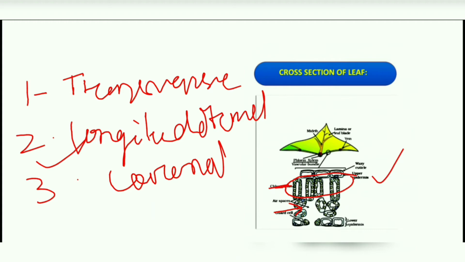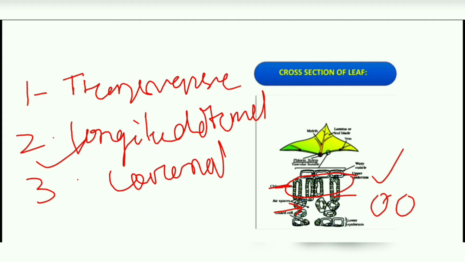Here we will be able to see small green round structures called chloroplasts, small green bead-like structures, which have thylakoids, and these thylakoids have chlorophylls.